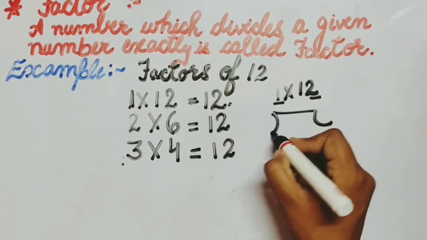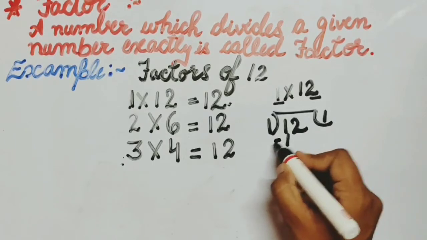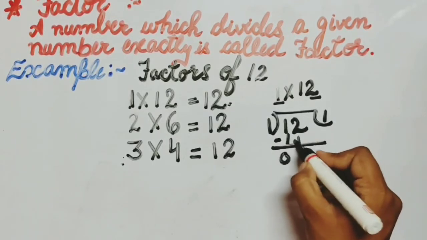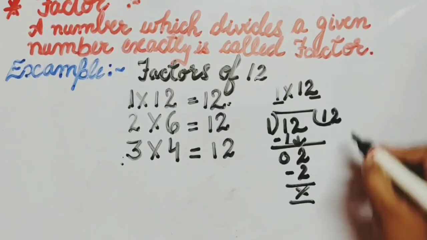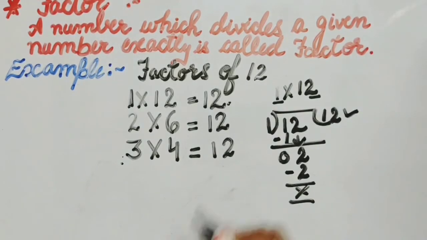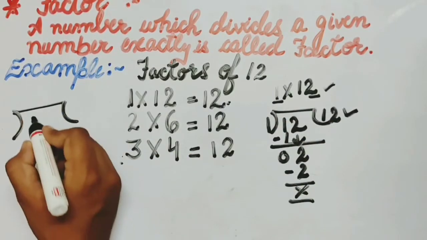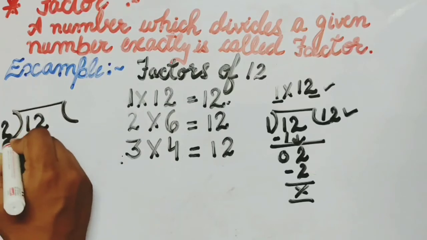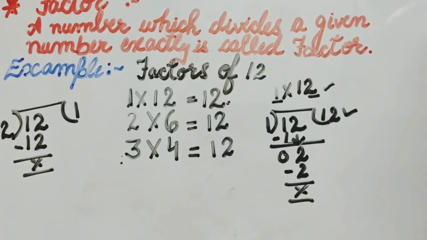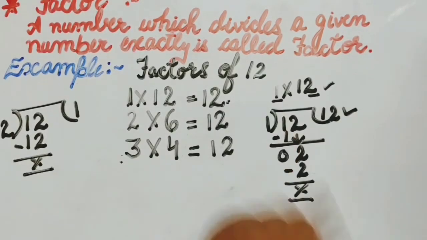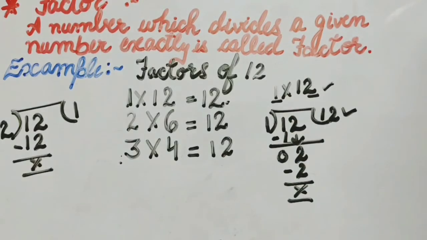If we divide the product 12 by 1, we will get the quotient 12 only. If we divide the product 12 by 12, 12 ones are 12. It means we can say that 12 is divisible by 1 and 12 exactly.